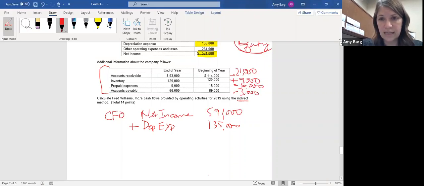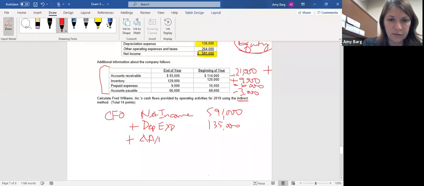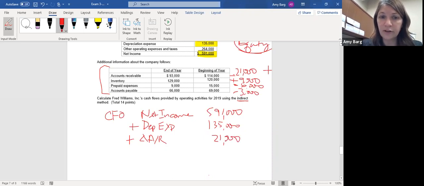And now we are going to consider our changes in the current assets and the current liabilities. The accounts receivable was a decrease, so we're going to add our change in accounts receivable of 21,000. Inventory was an increase. Inventory is a current asset, so we are going to subtract our change in inventory.